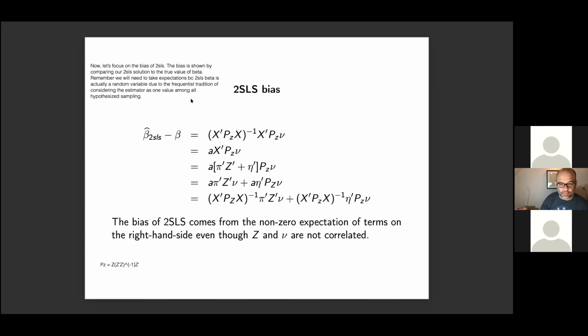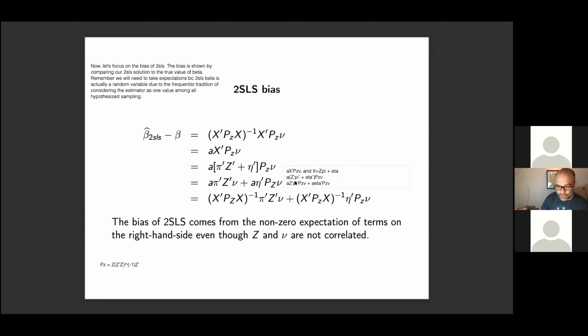Let's see if that's what we get here. A Z prime pi eta PZV. Yeah. Then we're going to distribute this term, and we get A Z prime pi prime V plus A eta PZV.